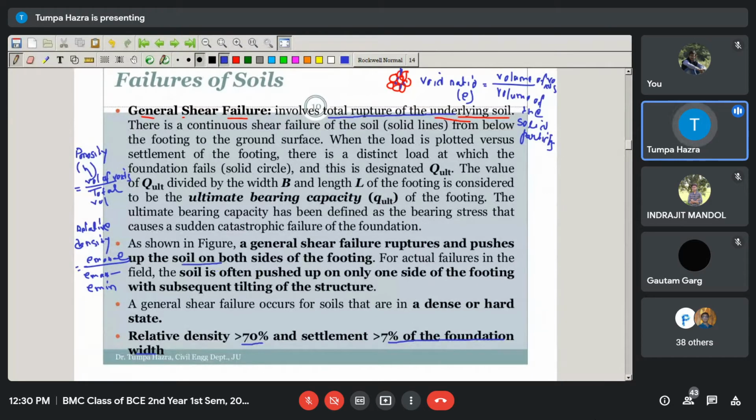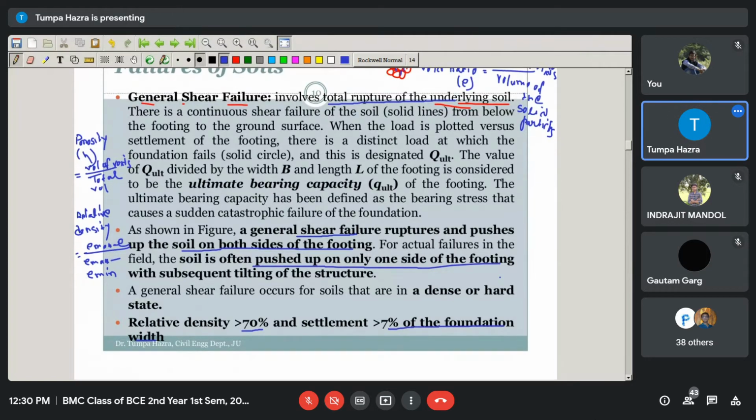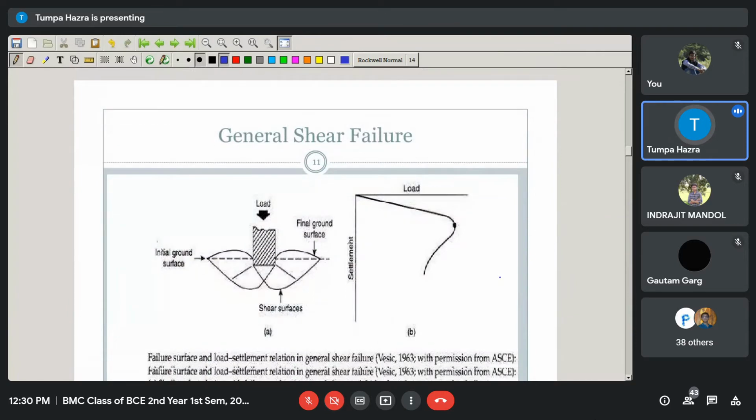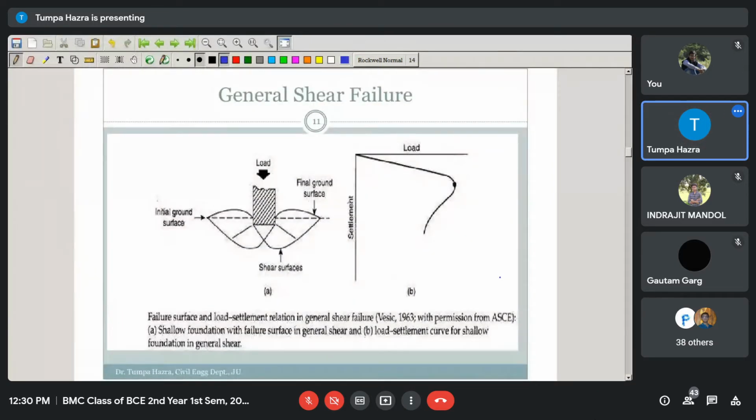The soil on both sides of the footing will be ruptured by the general shear failure, and that soil is often pushed up at the sides of the structure.